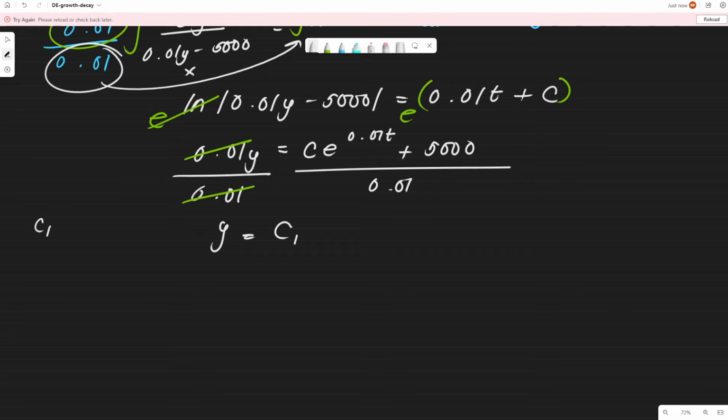No, c sub 1 is equal to c over 0.01 basically. E raised to 0.01t. Okay? Plus 5,000 divided by 0.01, that is equal to 500,000. Okay, this is our working equation.